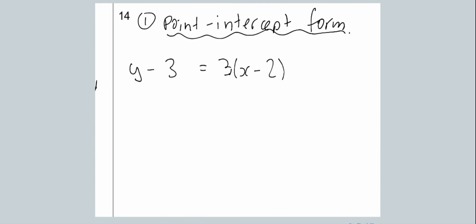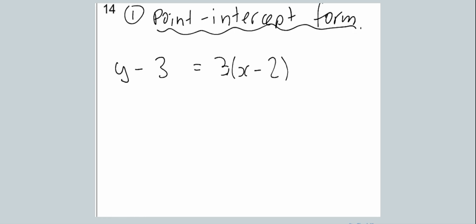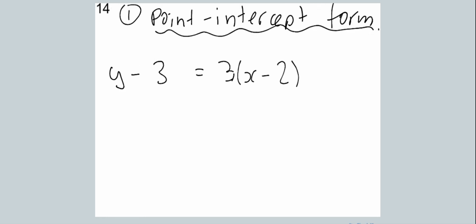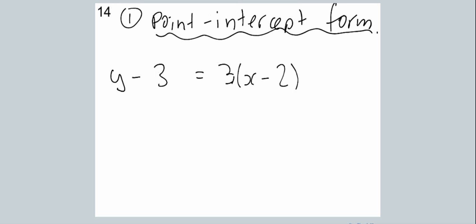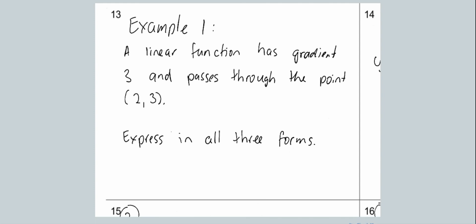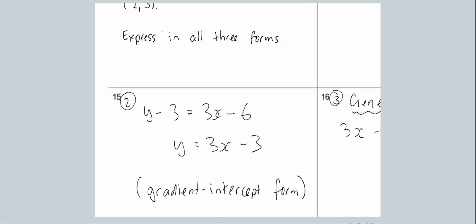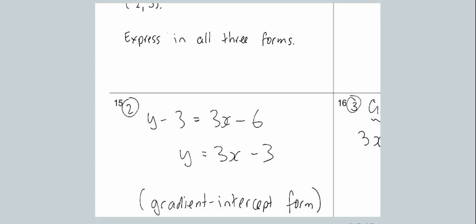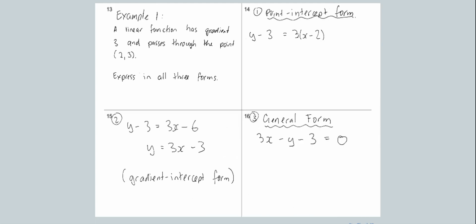Unless it says gradient intercept form, point gradient form, unless it says that, point gradient form is totally legitimate. So that is clearly much faster to write because it's straight from the information than perhaps substituting into gradient intercept form and then solving for c and then writing it out. So it's well worth being across those three forms just because it might be easier for you to handle, to calculate in the exam.